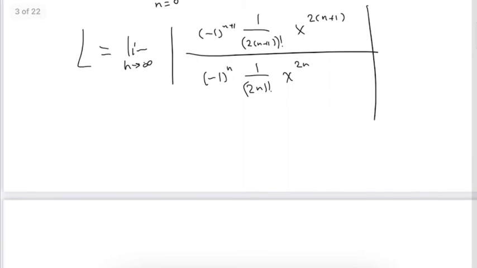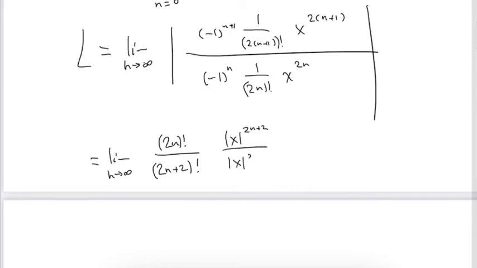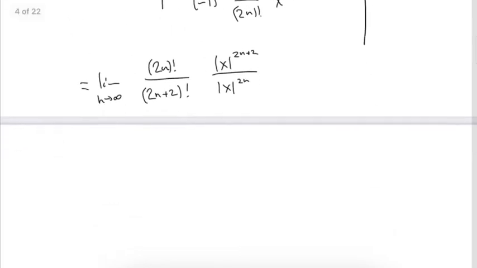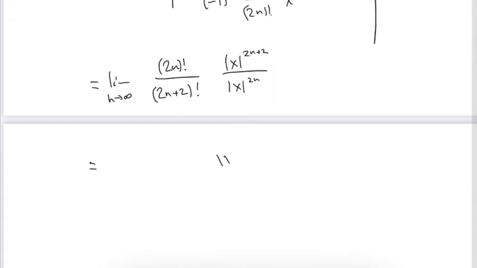After rearranging everything, for the factorial parts, I will have (2n) factorial divided by (2n+2) factorial, distributing the 2 there. And then for the x parts, I have absolute value x to the 2n+2 over absolute value x to the 2n. Right? You cancel the x's, you get x squared remaining in the numerator, absolute value, of course, of x squared.